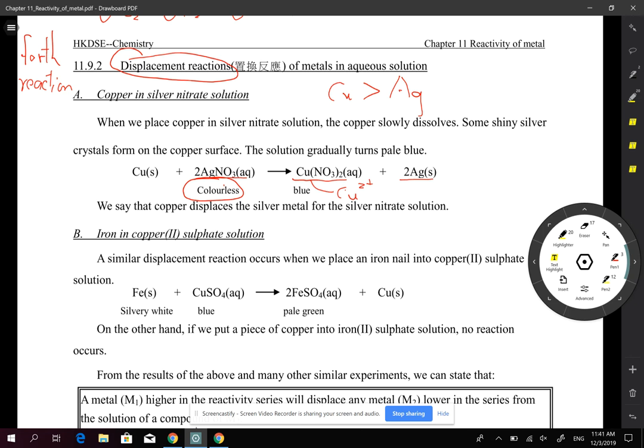And do you still remember the color of copper 2 ion? Blue. So the solution will slowly turn blue. And of course, the silver will form. And where will the silver form? It will form on the surface of the copper. So you will see some gray solid form.